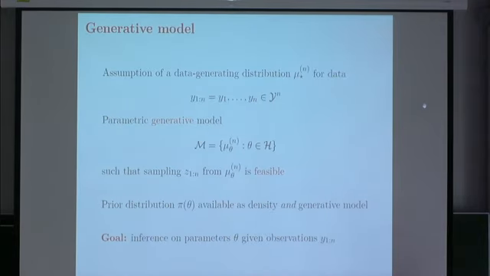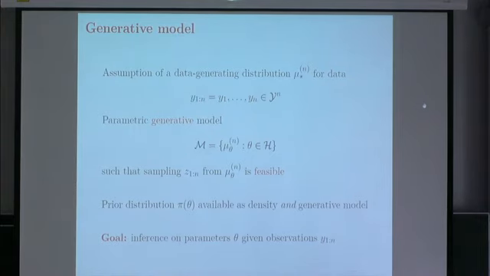So, I mean, the setting is the ABC setting, where you have, say, a data set that is of any form, so naturally IID, that comes from a certain generative model that you assume is parameterized by a parameter theta, and as usual, you want to find out what the value of theta is in a Bayesian way.